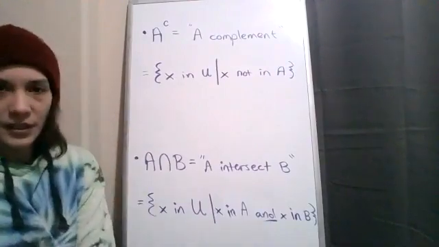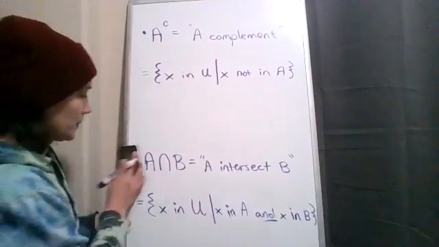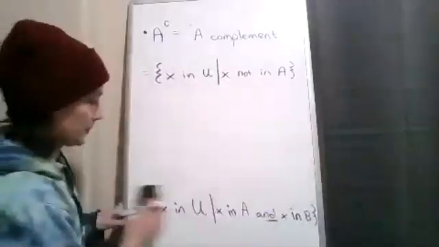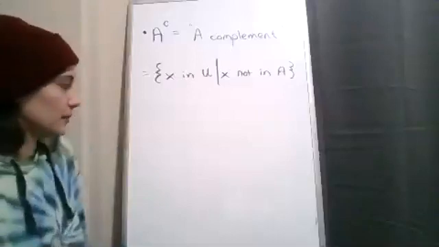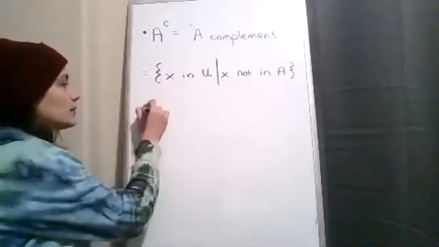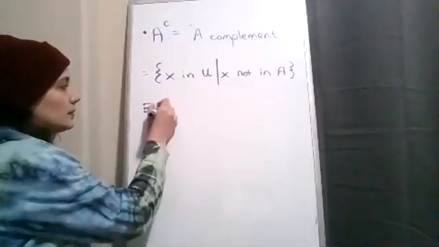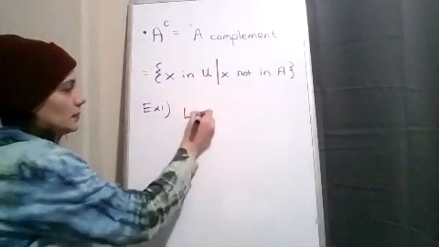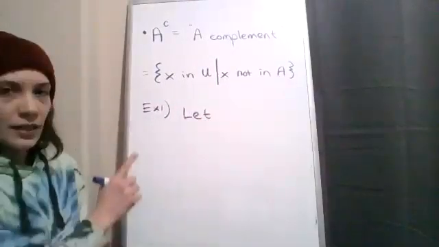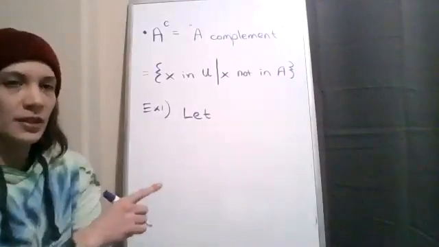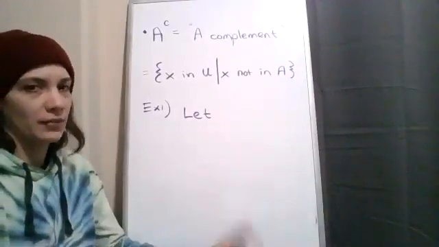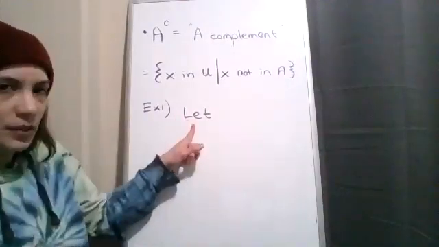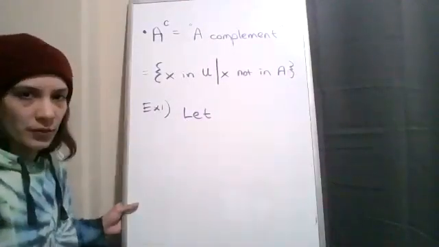So first example. Okay, so I tell you the information at first, and then we'll go ask a bunch of questions about the sets after that. So we let the universe be the set 1 through 5.